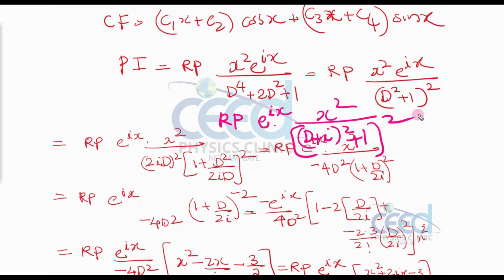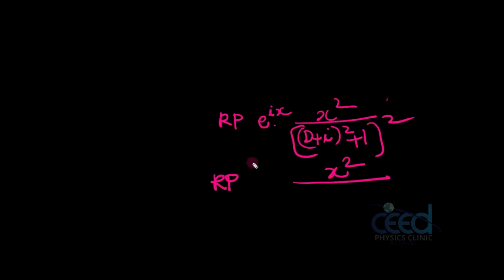Now I can take a 2 if I am expanding this. Let me go to the blackboard. See, x square, that is e raised to ix, the real part of it.